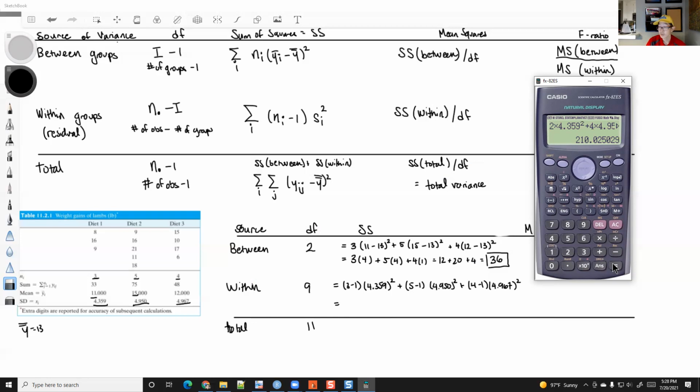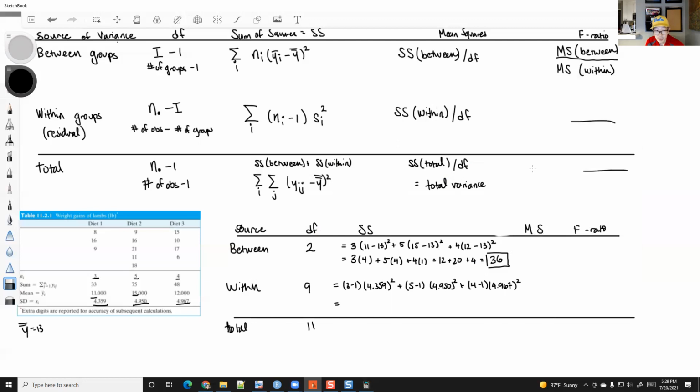Okay, 210. It shows 210.025, but that's because we have some rounding issues with the standard deviation. If I included it, we wouldn't be too far off, but the number's 210 here. And the sum of squares total would be 36 plus 210, and we would get 246.